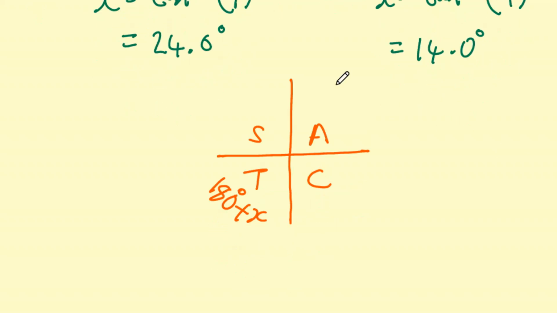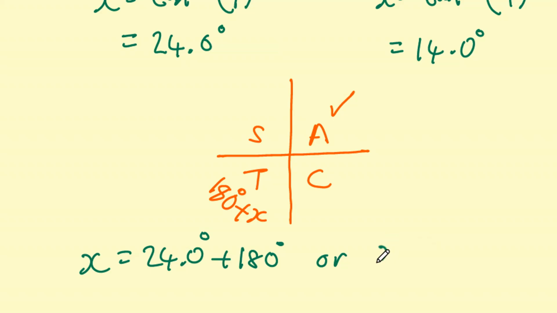So these answers we got here of 24.0 degrees and 14.0 degrees are the solutions in the first quadrant. We still need to get the solutions in the third quadrant. And we can see the third quadrant says 180 degrees plus x. So we need to add 180 degrees to these answers. So then x, in addition to x being 24.0 and 14.0, x will also be equal to 24.0 plus 180 degrees.